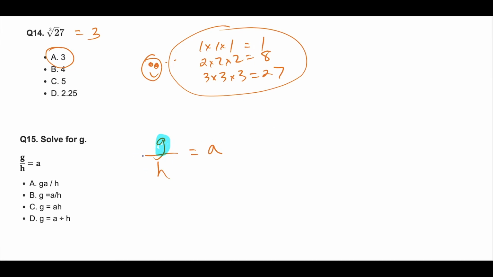And then you ask yourself, what is the opposite of division? The opposite of division is multiplication. So we're going to multiply both sides of this equation by h. And that's going to get rid of this dividing by h piece over there. So you have h over h canceling, which tells you g is equal to a times h, which matches choice C.